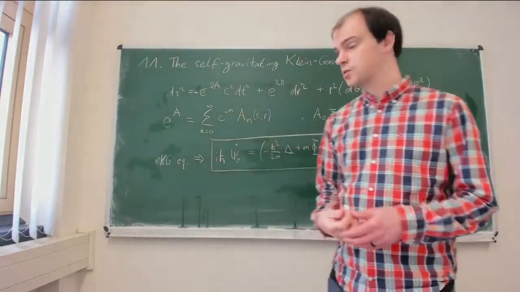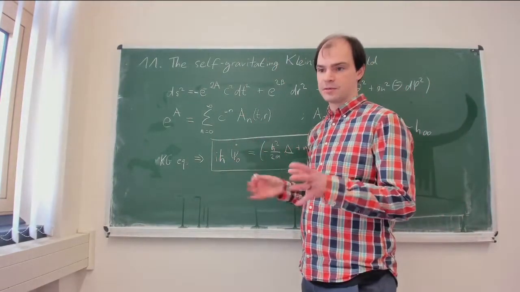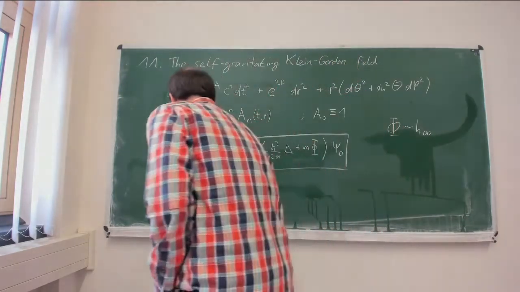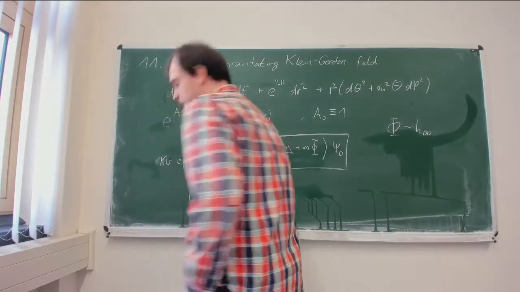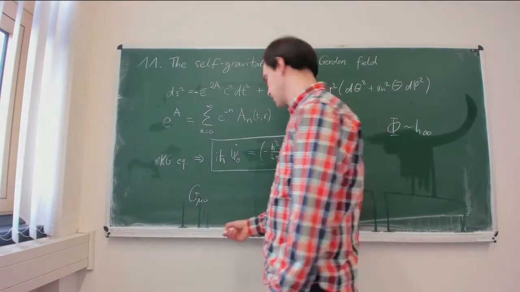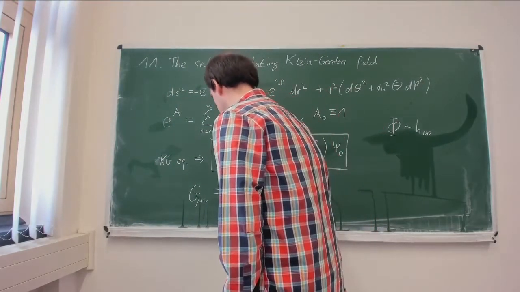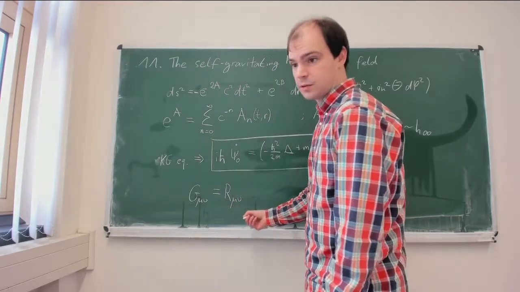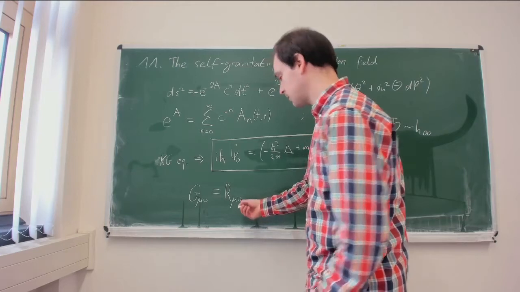So in order to do this, we need to look at both sides of the Einstein equations. We need to look at the Einstein tensor, the left-hand side, which you remember is the curvature tensor, the Riemann tensor.